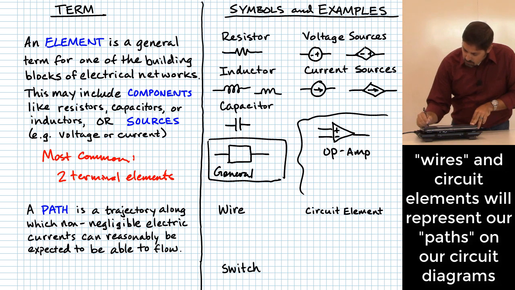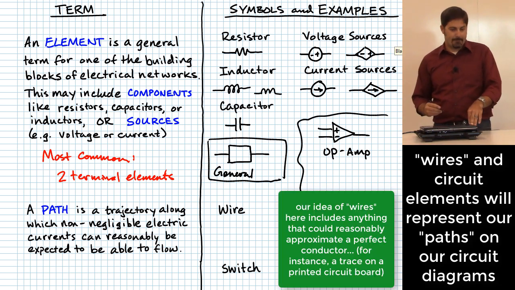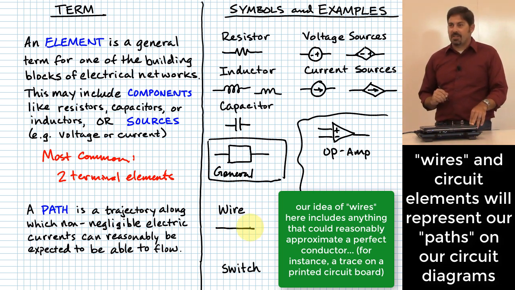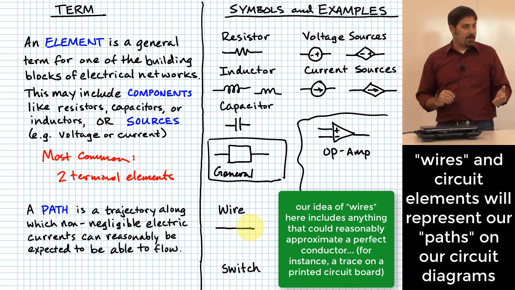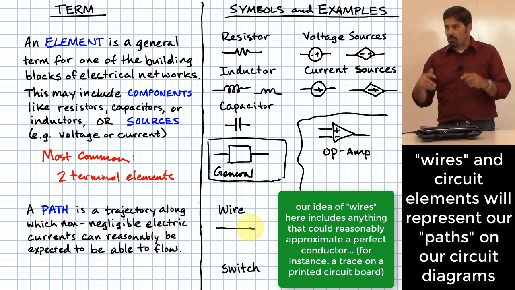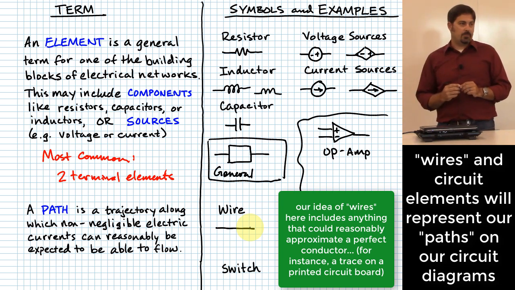Speaking of which, what would a wire be depicted as on a circuit diagram? Okay, anytime you see on a circuit diagram just lines, those are expected to be wires. Okay, the other thing that we're going to do in here is when you see wires on a circuit diagram, we are going to assume that they have 0 resistance, that they will allow current to flow unimpeded on those wires.